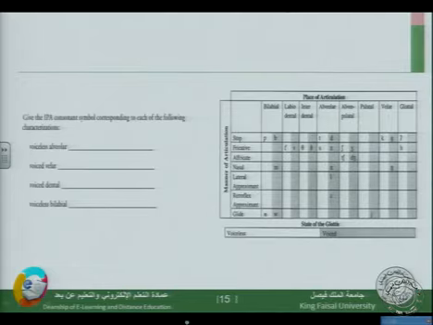Give the IPA consonant symbol corresponding to each of the following characterizations. This is what you call the IPA again. Okay, it's a very good one. We have here voiceless, alveolar. We go to the alveolar, it's right here, and these are the voiceless: t and s.